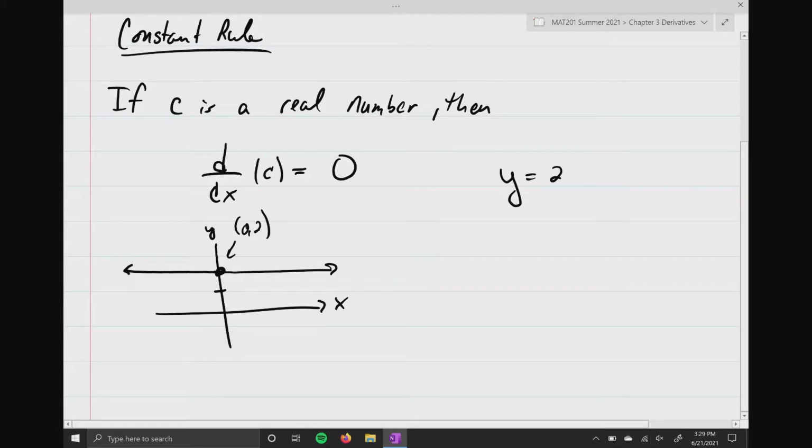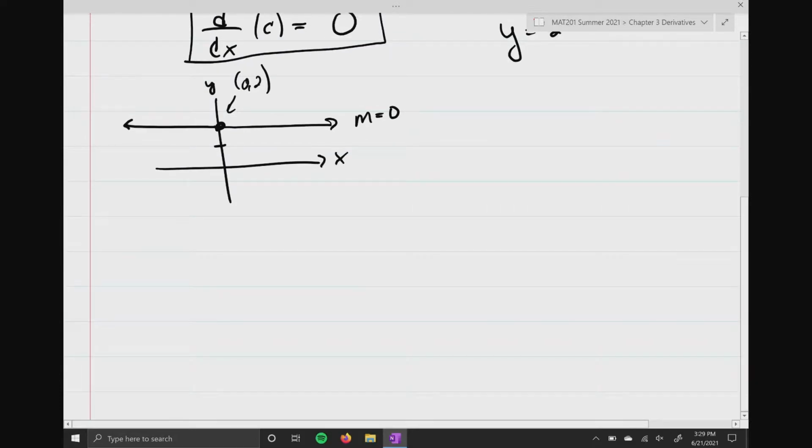The derivative tells us the instantaneous rate of change at any point. Therefore, if you look at what we have here, a horizontal line, all horizontal lines have a slope equal to 0. So hopefully this rule, the constant rule, makes a lot of sense. The derivative of a constant is equal to 0 because the slope of this line is equal to 0 to begin with.